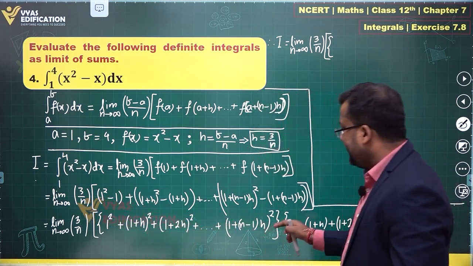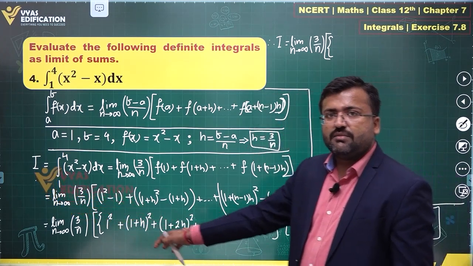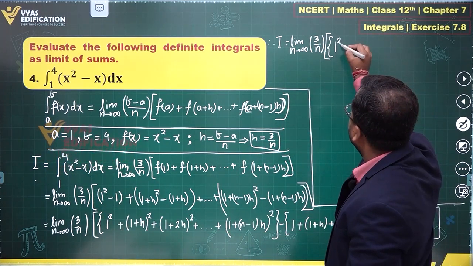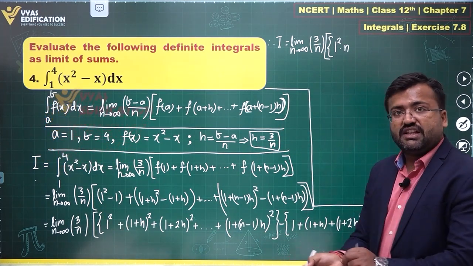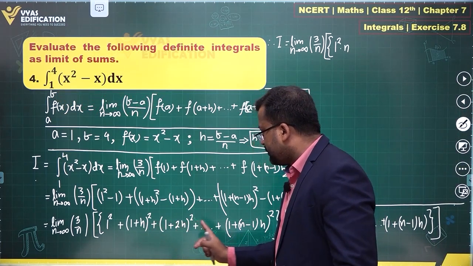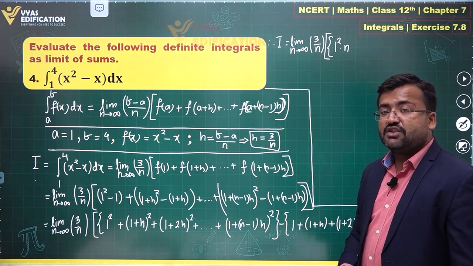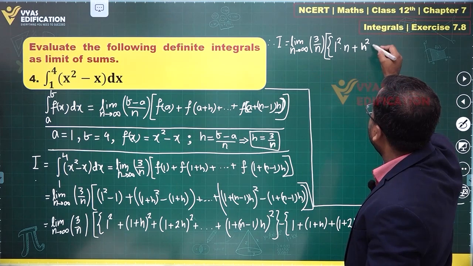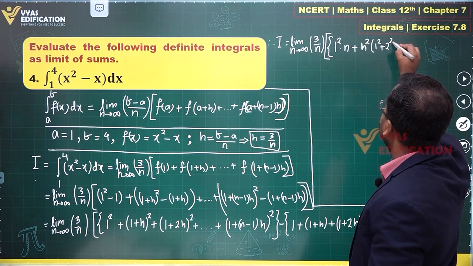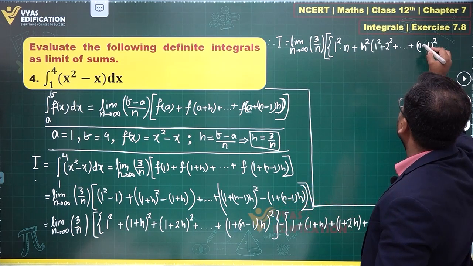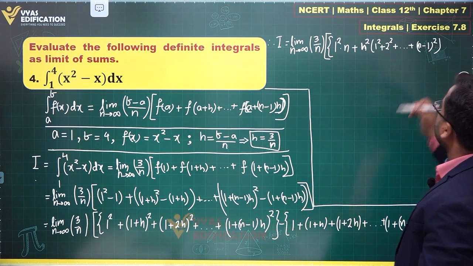There are basically n terms, so 1 square will be added n times. That's the first thing that you observe. Then you'll have 1 square h square, 2 square h square, 3 square h square, and similarly (n minus 1) square h square. So let me take out h square common, and I'll have 1 square plus 2 square plus dot dot dot (n minus 1) square. This is what you have. Is that okay? Yes?